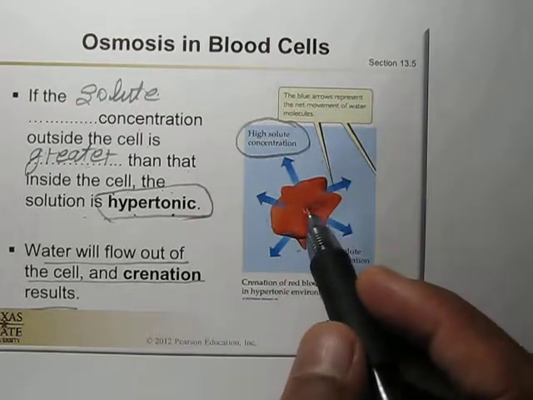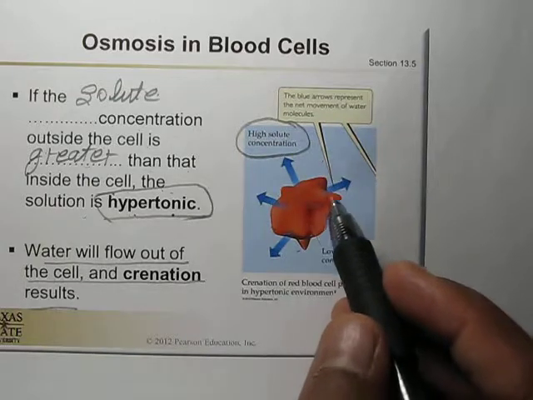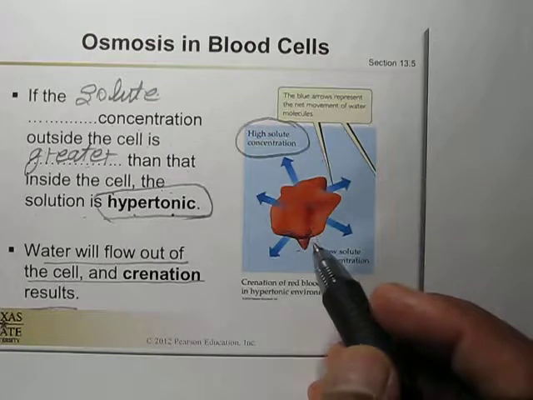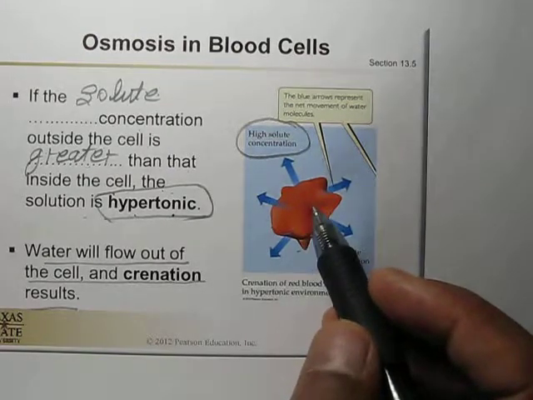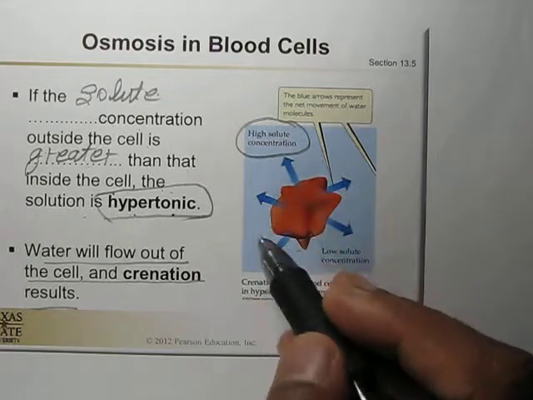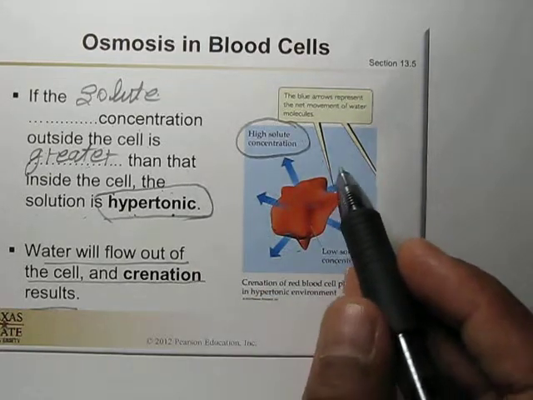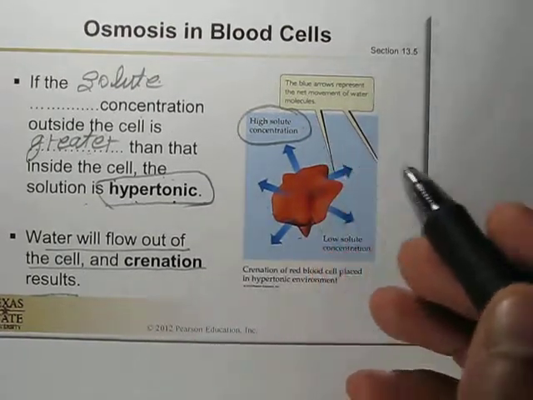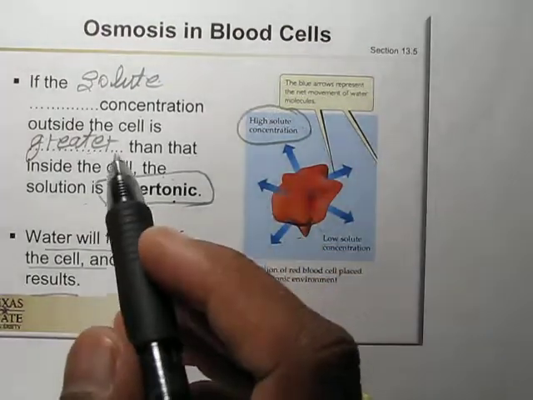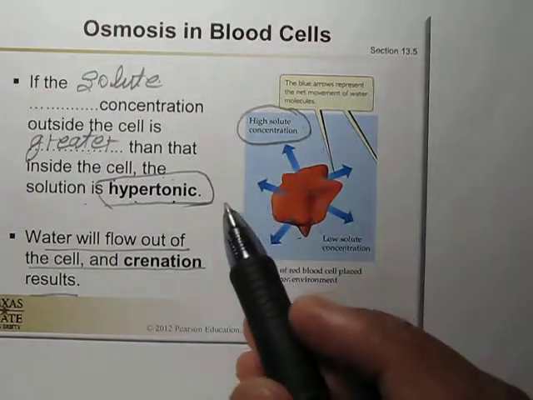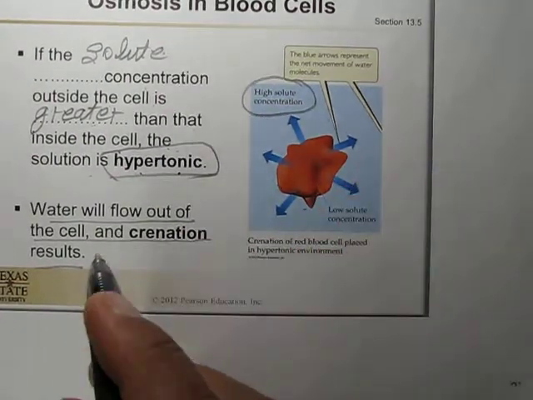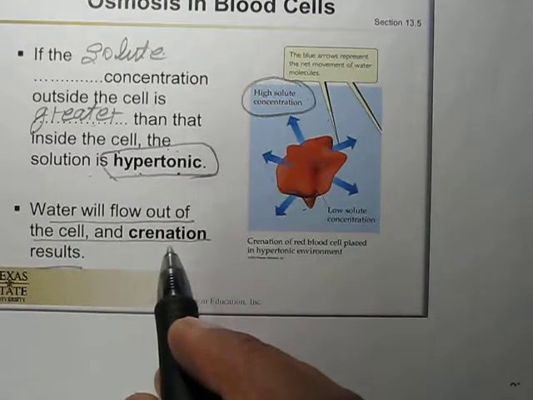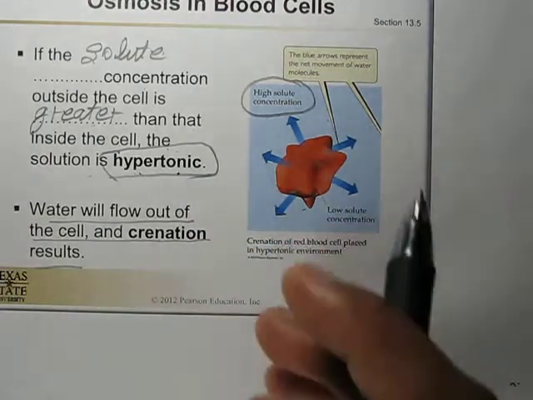Our cells lose water, because the cell membrane behaves like a semi-permeable membrane. It allows water to come out because outside there is less water, or a high concentration of solute. The outside solution is called a hypertonic solution because it has more solute concentration. So water will flow out of the cell, and crenation will result, meaning the cell will start dying.